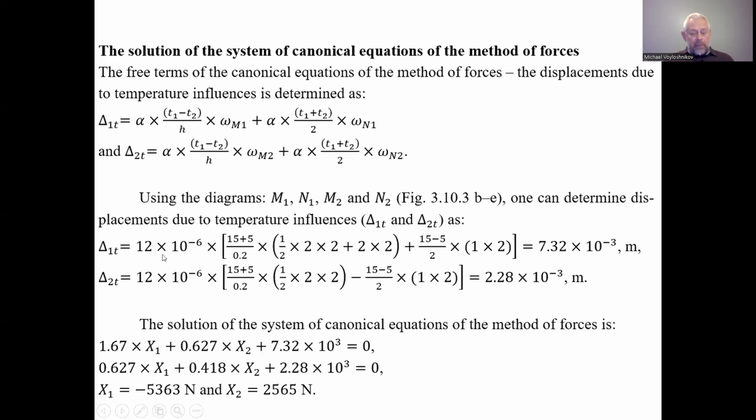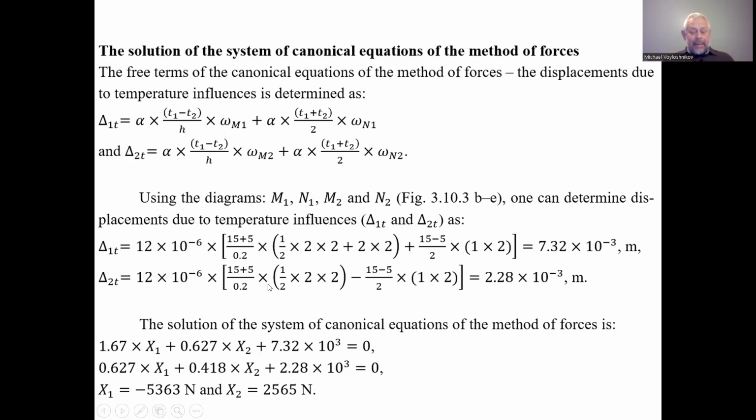We have 12 multiplied by 10 to the power minus 6, and this will be multiplied by the brackets. In the brackets we have the difference of the temperatures divided by the height of the section. The height, for the number 20 channel, is 0.2 meters, the height of this transverse section of the beam of the mechanical system.